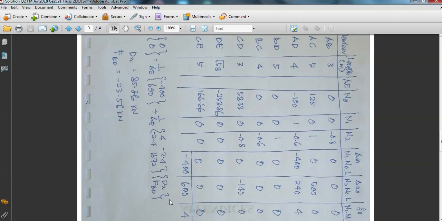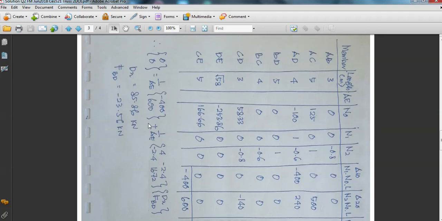This is your redundant force, your unknown. Don't forget your 1 over AE here. We put AE outside because this is a constant value. If you have a different value of AE, please consider it here. Then this is your compatibility equation.